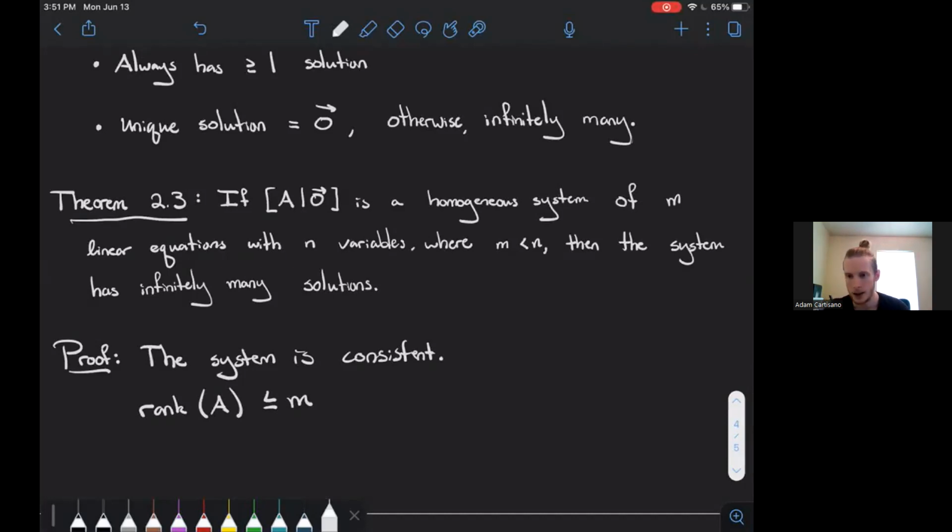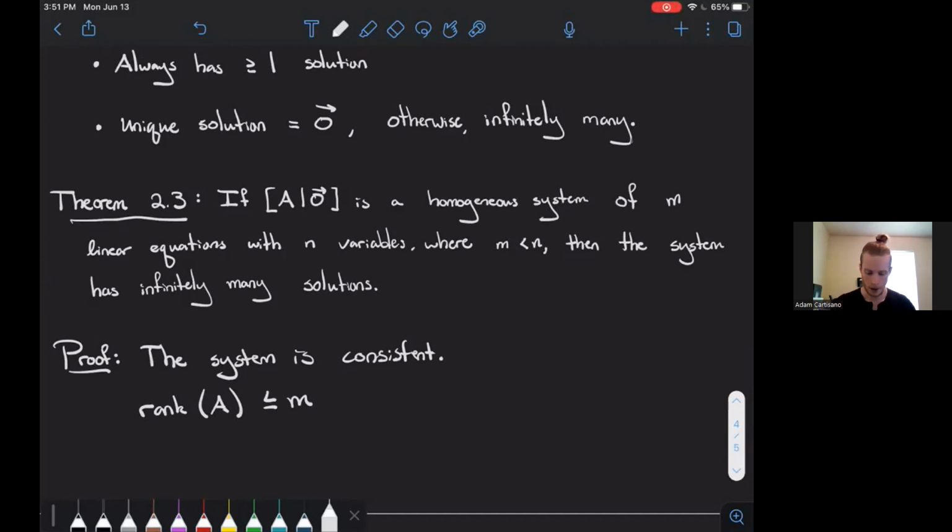Because every linear equation defines a row, and after doing reduced row echelon form or whatever, you might have a row of all zeros, and a row of all zeros will not have a leading 1. Beyond that, you have a leading 1 in every single row, which means that you have at most m leading 1s. But you'll have less if you have rows of zeros. So the rank is no bigger than m.